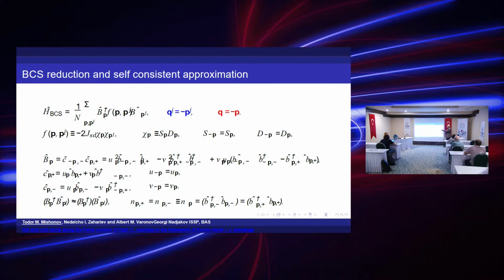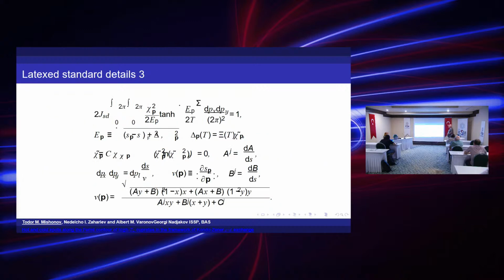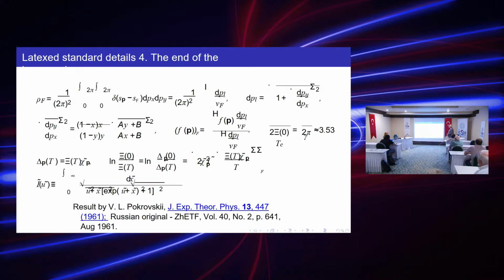Running ahead in my presentation, I will say that the same kernel arises again from the Fermi liquid reduction of the same Hamiltonian. I will skip unreadable details. Actually, I have a PDF of our calculation, an abridged version. If everybody is asking, I can give you my unabridged version of the PDF.